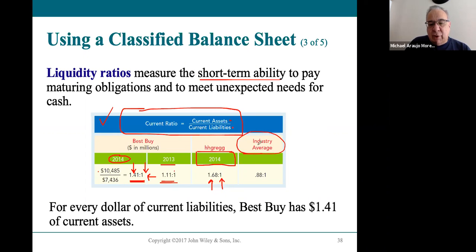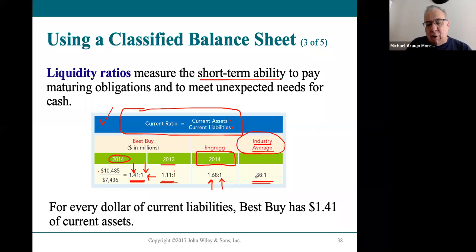Different story for the industry. So this particular industry is the electronics retail industry. So all these stores that are basically known for selling electronics goods, like Best Buy is. They're in pretty rough shape.